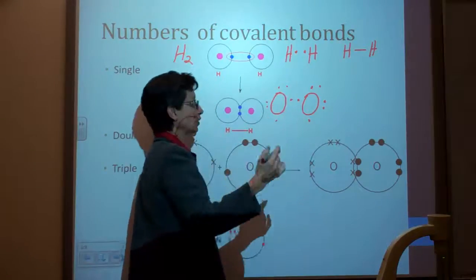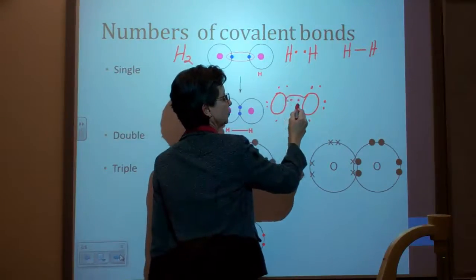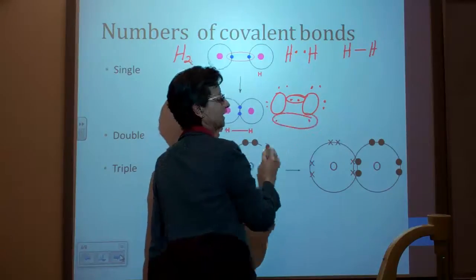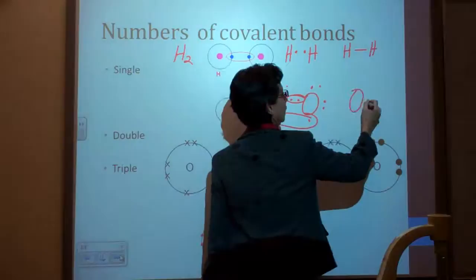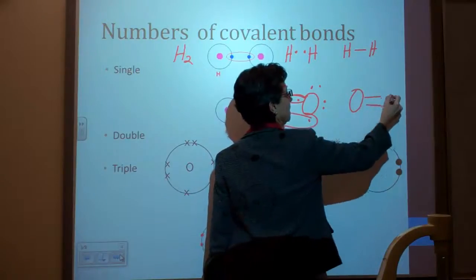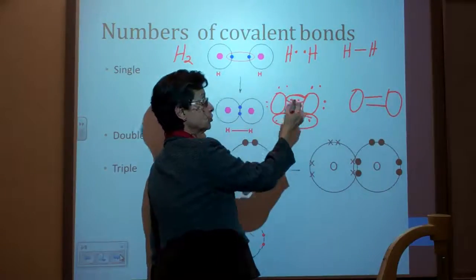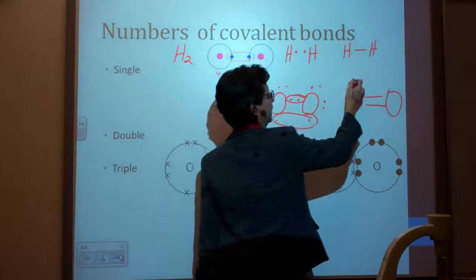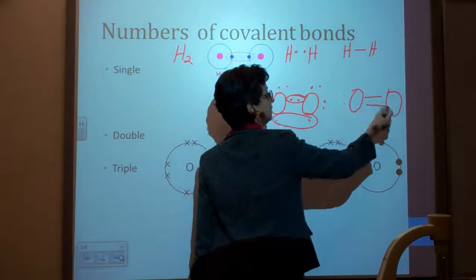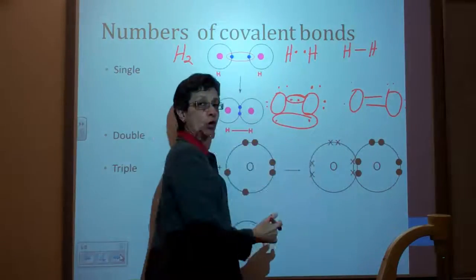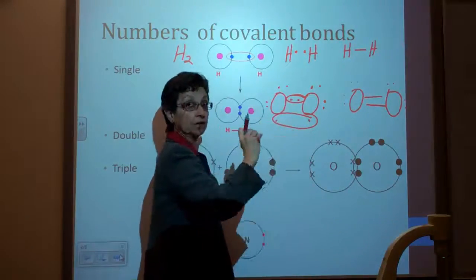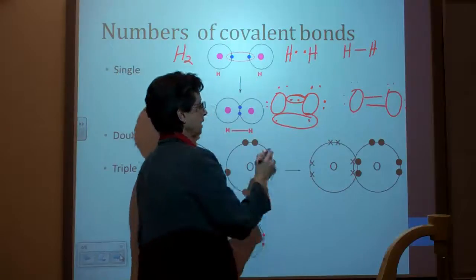Remember I told you we would turn them around. These two will be shared, and these two electrons would be shared. So now I'm going to rewrite that as O, bond, bond, O. I could show the dots as well, dots here, dots here, dots here, and here. But generally we just show the bonds with the lines.